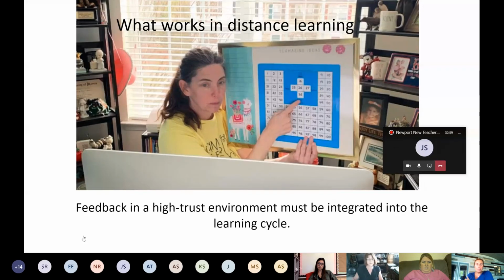And then the last thing that we want to make sure that we have in our distance learning is feedback. So again, we may have done an okay job with this in the spring, but I always think that we can improve our feedback so that it is effective. We want to make sure that it's timely, user-friendly, actionable.